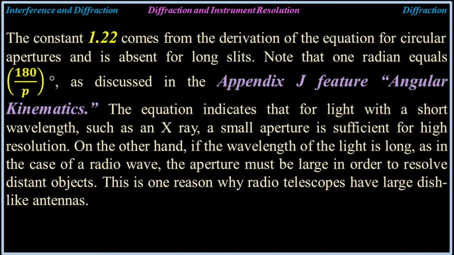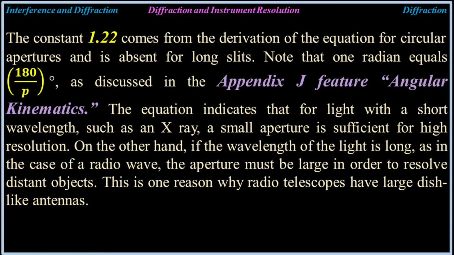The constant 1.22 comes from the derivation of the equation for circular apertures and is absent for long slits. Note that 1 radian equals 180 over pi degrees, as discussed in the Appendix J feature, Angular Kinematics.